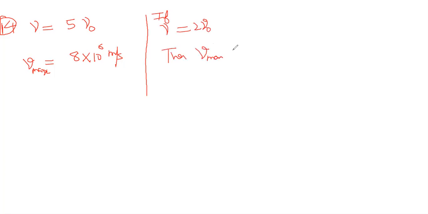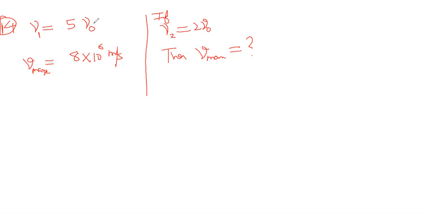This is nu 1, and this is nu 2. Nu 1 is 5 times nu naught. Nu 2 is 2 times nu naught. Vmax 1 they have given. Vmax 2 we don't know. This is the question.